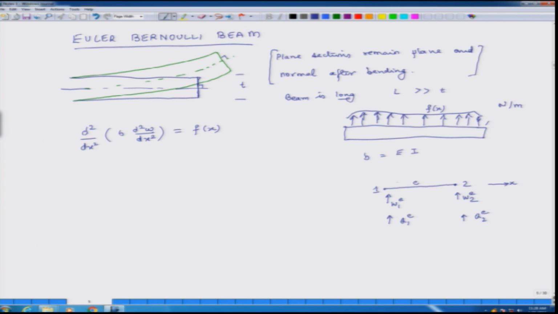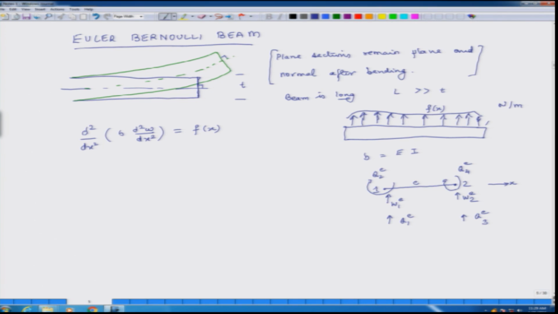Oh excuse me, I will actually call it Q3. So, you will wonder where did Q2 go. Q2 is the bending moment, and Q4 is the moment at node 2.